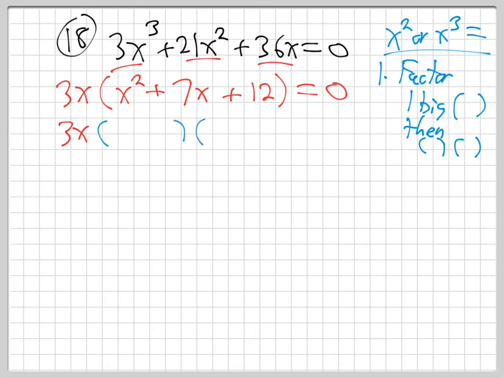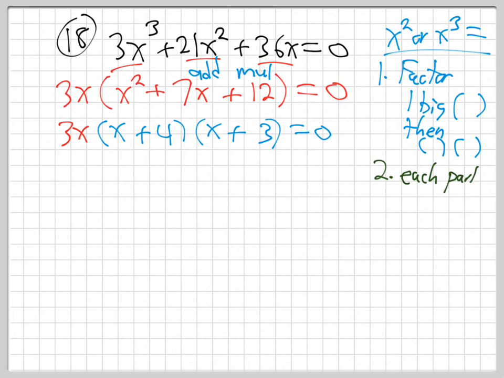So now we can do the 2. X is in the front. What multiplies to be 12 and adds to be 7? 4 and 3, both plus. Okay, now we've got it all factored. What do we do now? Each part equals 0. Because if a bunch of things are timesing to come out 0, any of them can be 0, right?